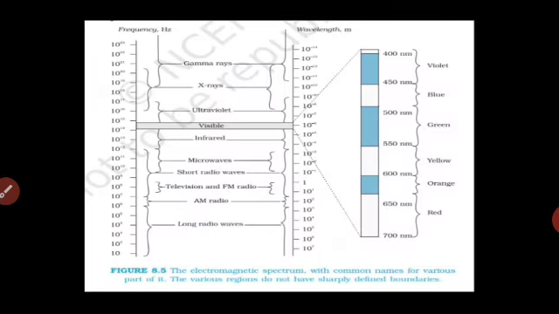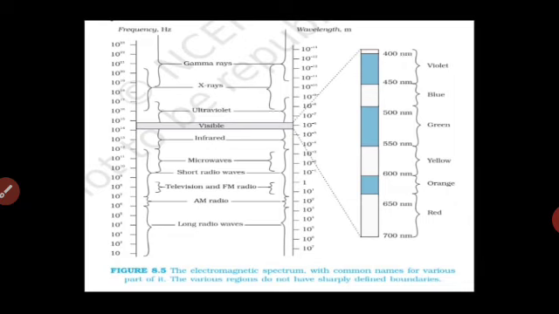This is figure 8.5 taken from the NCERT textbook. Here the various ranges are given. We can see the components of the electromagnetic spectrum as gamma rays, X-rays, ultraviolet, visible, infrared, microwaves and short radio waves.